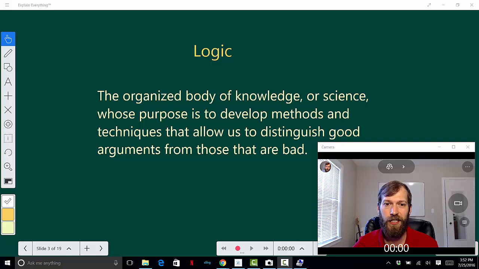And again, logic is going to give us the methods and hopefully allow us to take the time and be more careful to analyze arguments correctly, especially when the conclusion is important. Right, we might not worry so much if we're trying to decide what the best shirt is to wear for the day, as opposed to deciding who the best person is to vote for to run your country.